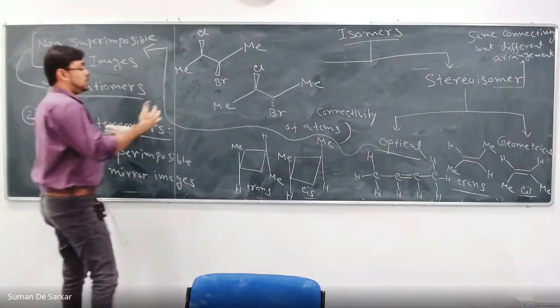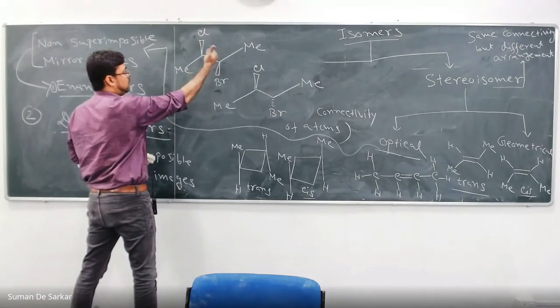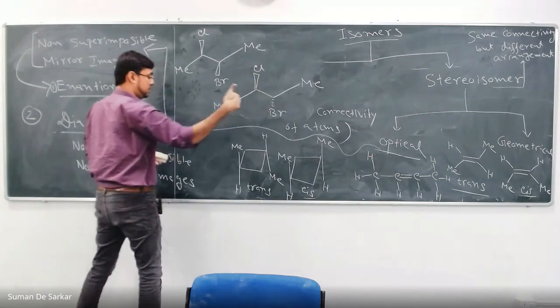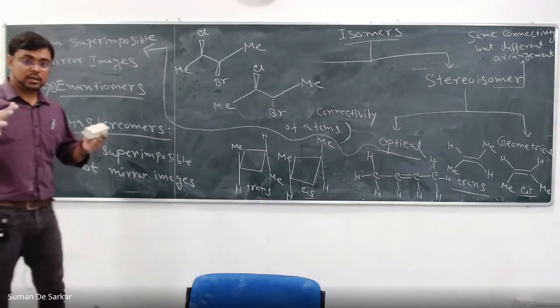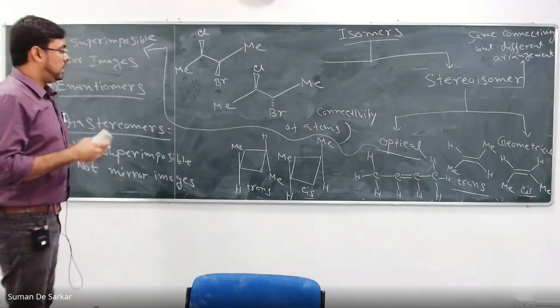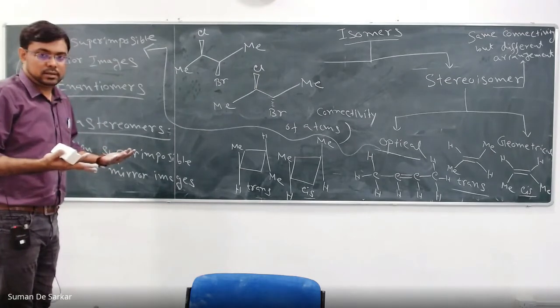But the arrangement is different, because here the chlorine is up, bromine is also above the plane, but here chlorine is above the plane, bromine is below the plane. That means the space arrangement is different, so we agree these are stereoisomers.